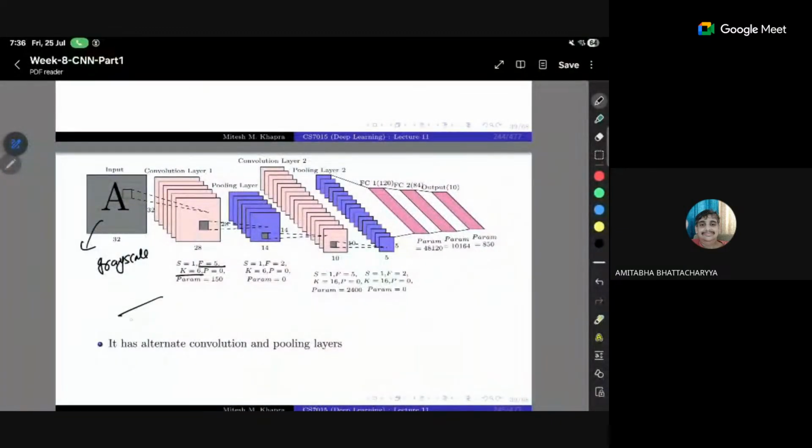So why use 6 filters, and not one? The idea of using multiple filters is that, let's say, with one filter you can extract edges. With another filter you can extract something else, like, let's say, some background or anything.